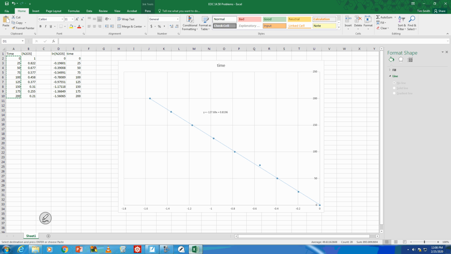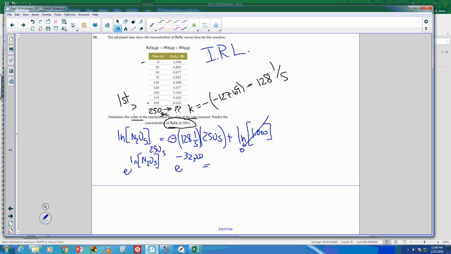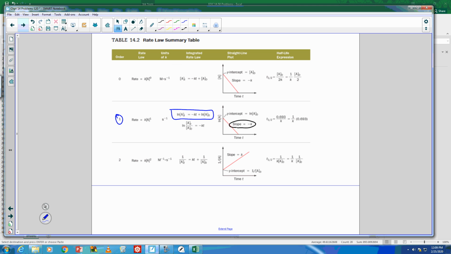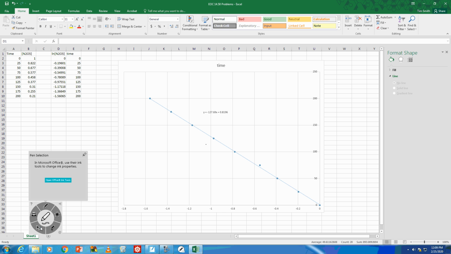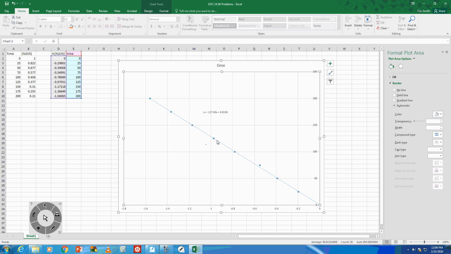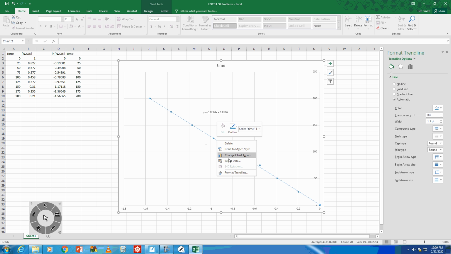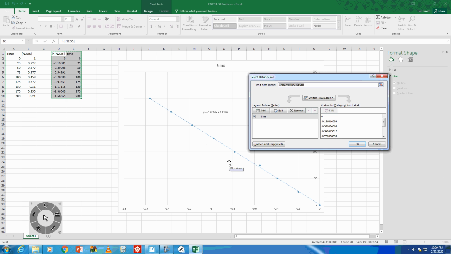Okay, I see what I did wrong. I'm supposed to have plotted time on the x-axis, and I've got the natural log on the x-axis. I've got them swapped. So I can simply right-click on the data and tell it to swap the x and y.